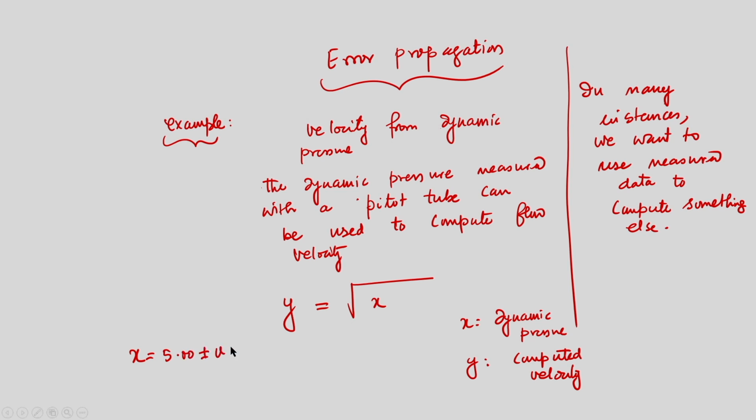That means the pressure measured using the manometer is found to be 5.0 plus minus u, where u is the reported uncertainty for the manometer.